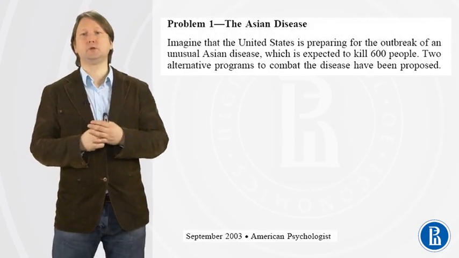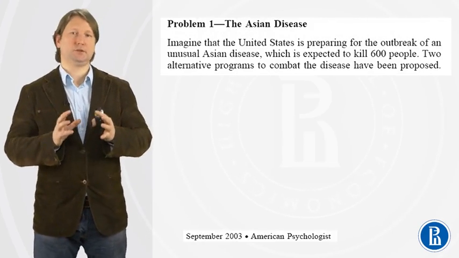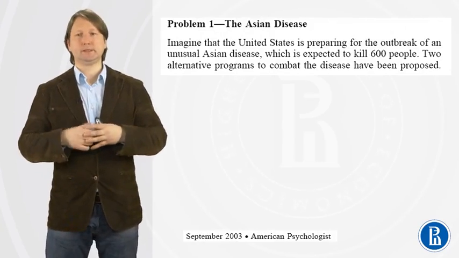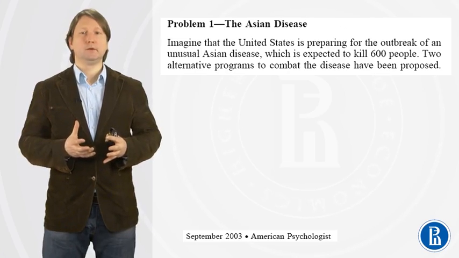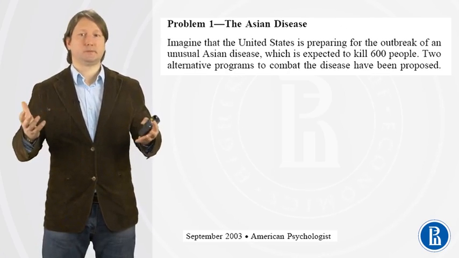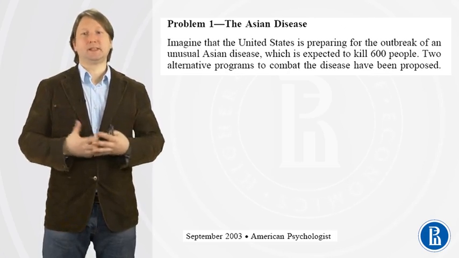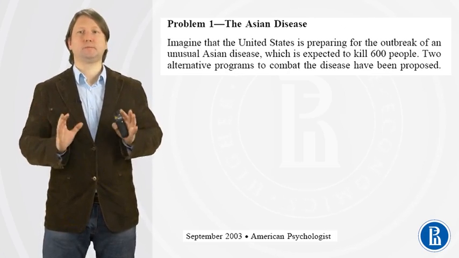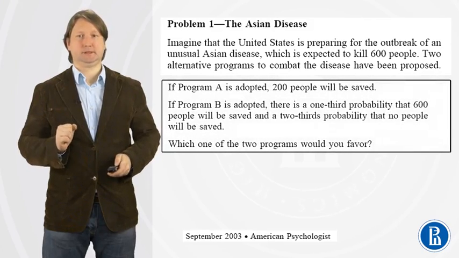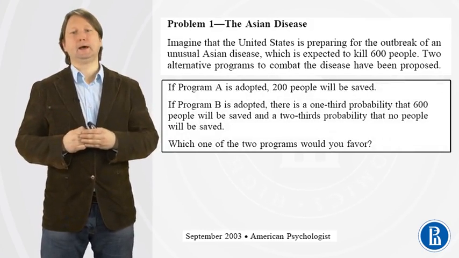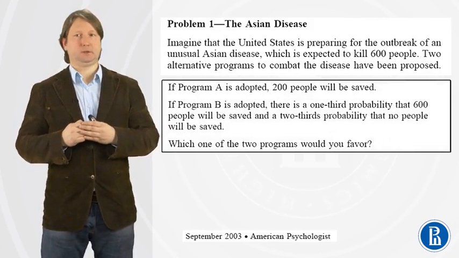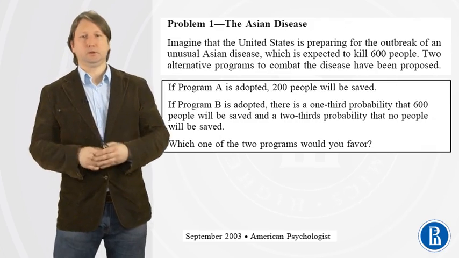Imagine that there is an outbreak of a strange Asian disorder in the United States. This disorder is expected to kill 600 people. Imagine that you are in a special medical committee, and this committee has to select one of the programs to treat this disorder. If program A is adopted, 200 people will be saved.